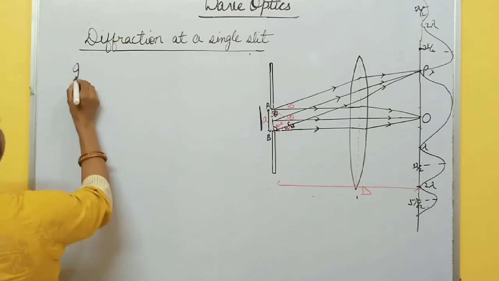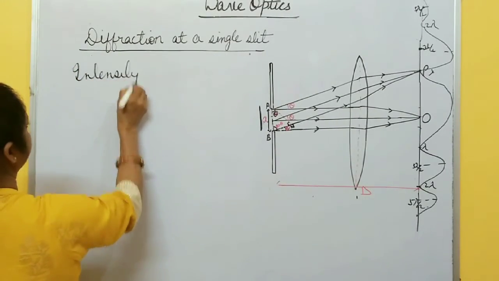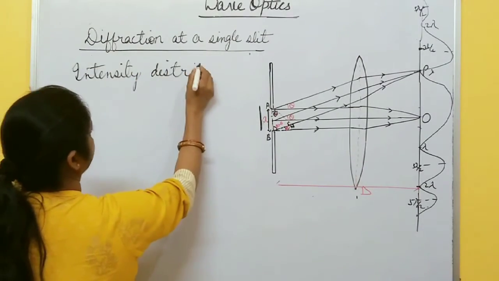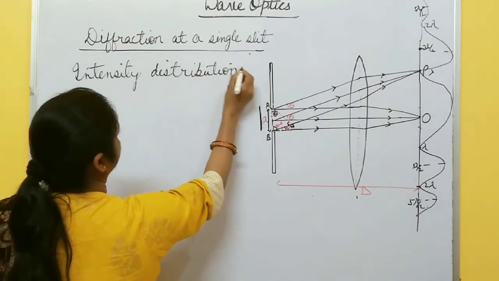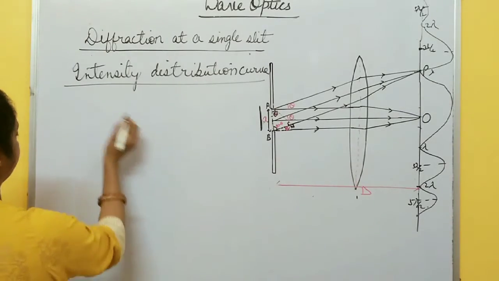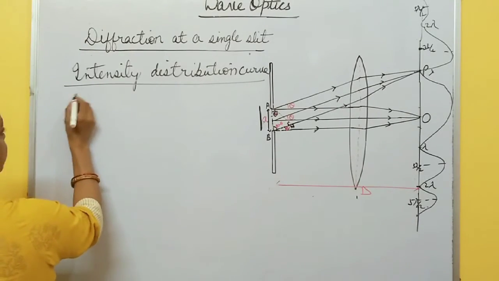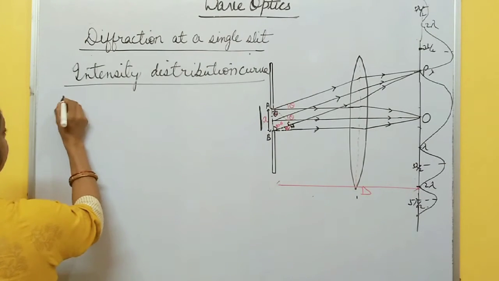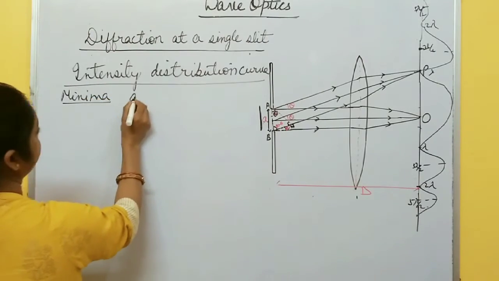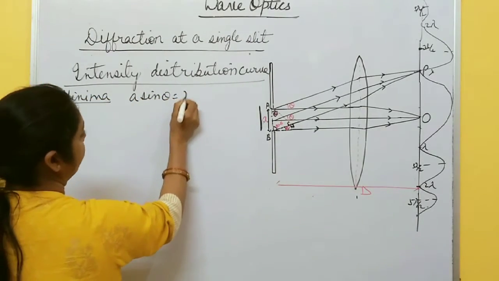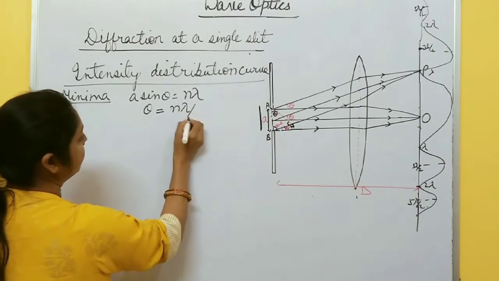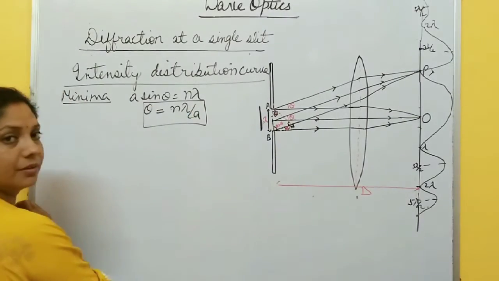So now, the intensity distribution curve of this diffraction pattern. What type of intensity distribution curve is formed in the case of diffraction pattern? You know, the condition for minima is a sin theta equal to n lambda. When theta is small, the angular position theta becomes n lambda by a. This is the position for minima.